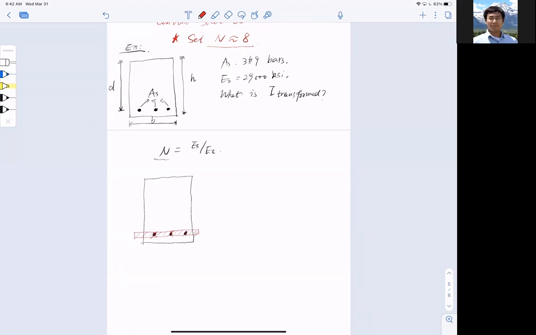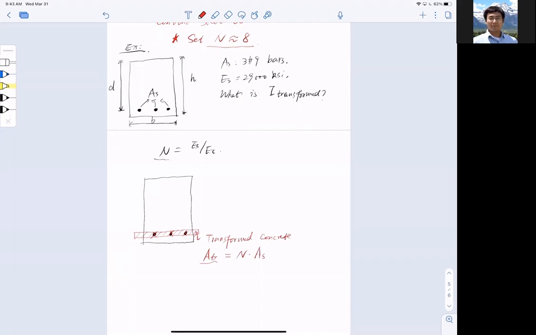And now this will be the transformed concrete. Simplify by doing this: ATR, the transformed concrete area, would equal n multiplied by AS.